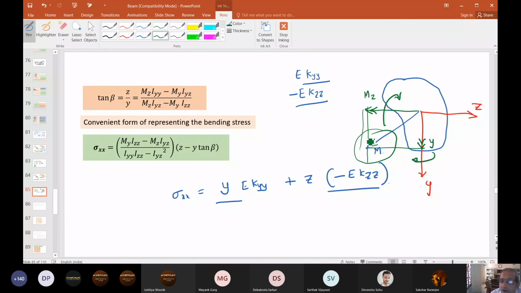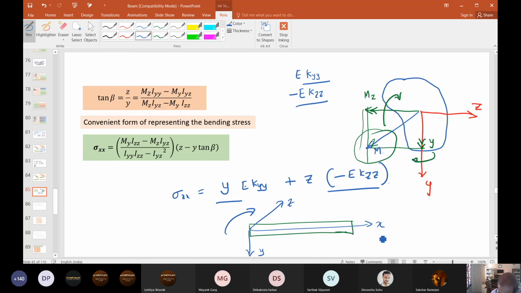So about the Z axis, how it will bend, you know. Let's say for simple bending, you take it. Let's say this is X, this is Y, and this is Z axis. If you have a moment like this, the beam will bend like this, if I want to show it in only one line.